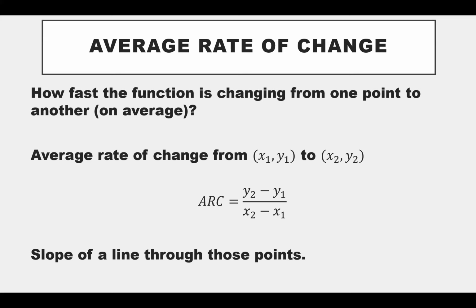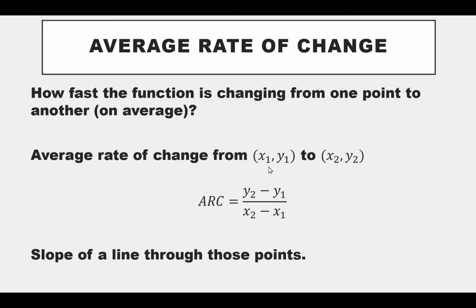So when we think of average rate of change, we're really thinking about the change in the y values on average. We're talking about how much difference there is in 2 y values divided by how long of a span in the x values we traveled.